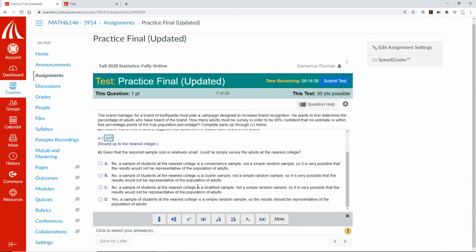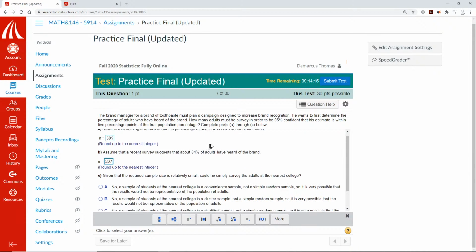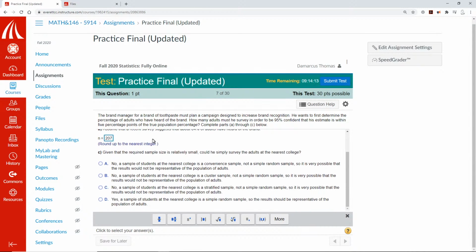And then what else is there? Given that the required sample size is relatively small, could he simply survey the adults at the nearest college? Well, the nearest college, you got to keep in mind that one of the requirements is that we're having a random sample.